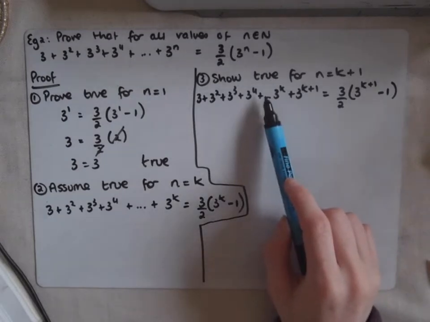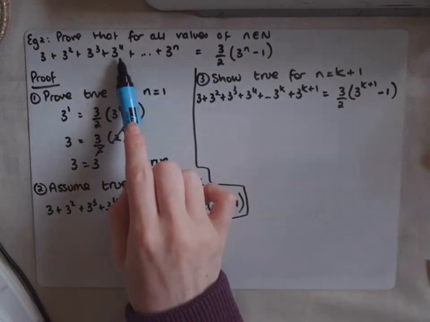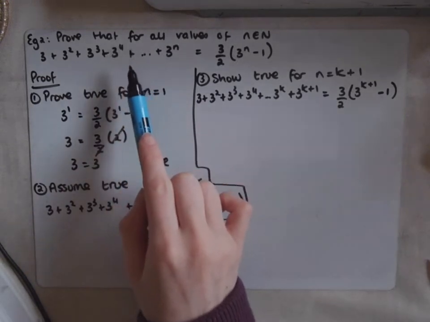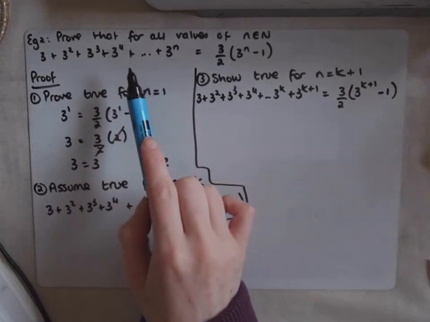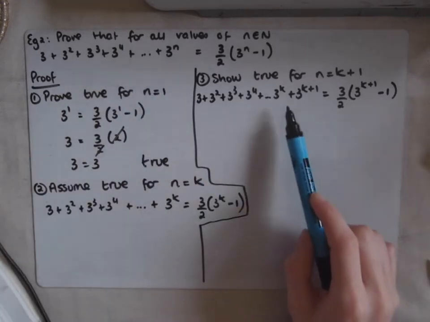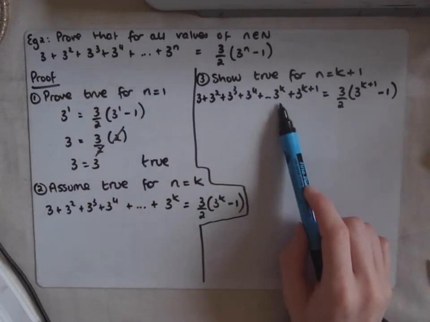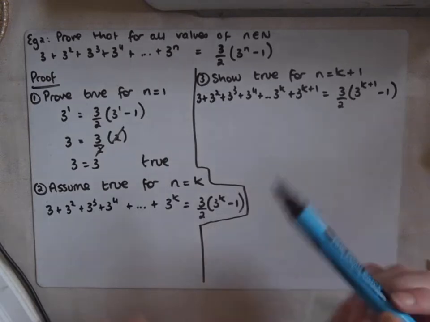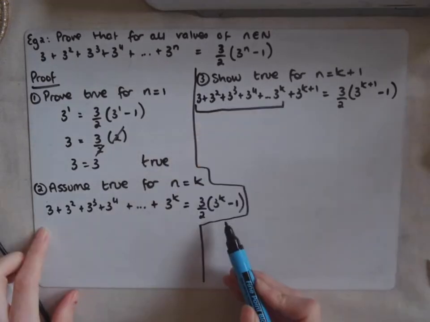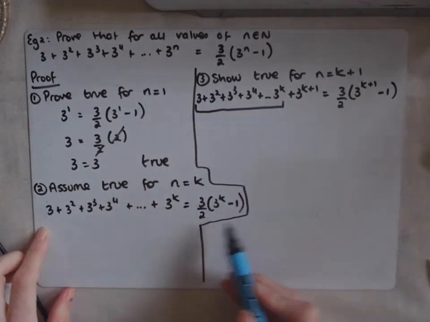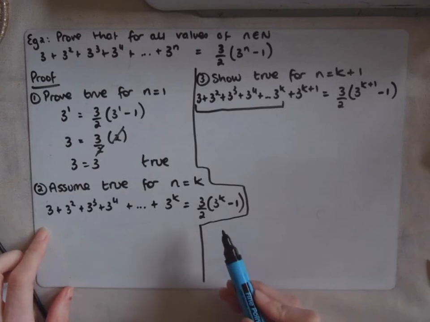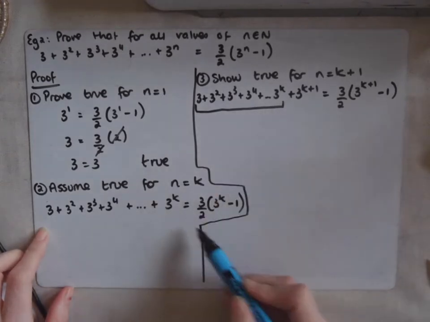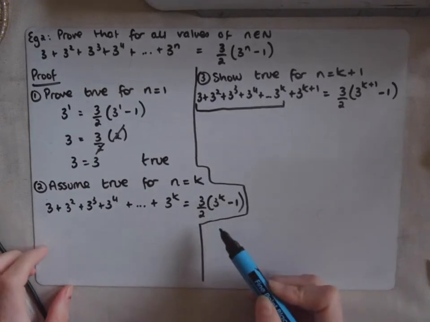I could keep going 3 to the power 5, 3 to the power 6, I just don't include them, but it doesn't mean they're not there. The reason I include it and actually write it on the page is because I need to use this bit from my assumption, so I need to see it on the page to be able to replace that with this, okay? So that's what I'm going to do.